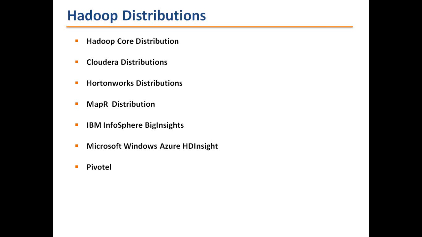I think these are most of the popular distributions: Cloudera, Hortonworks, MapR, IBM BigInsights, Microsoft HDInsight, and Pivotal. Which distribution we go for depends on our business case, and companies will have a tie up with some distribution. So based on that only we go for different distributions.